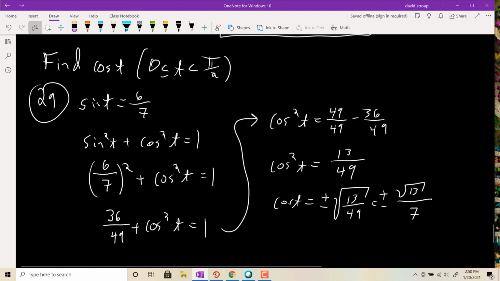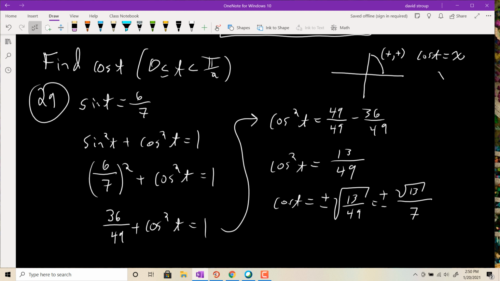If you're stuck in that first quadrant, the output of cosine, because remember cosine of t is equal to x, the x coordinate will always be positive in that first quadrant. So if you're between 0 and pi over 2, or 0 and 90 degrees, the signs of the x and y coordinates are both positive.